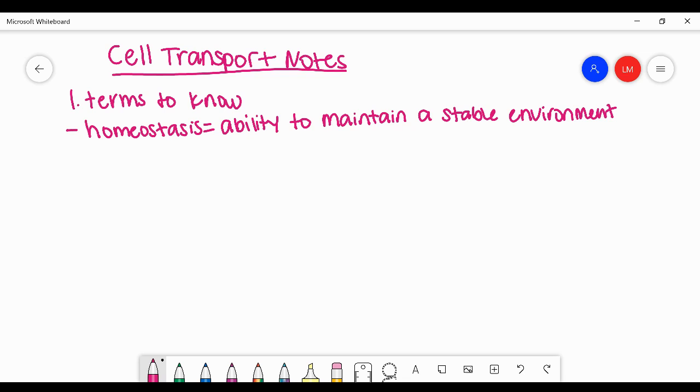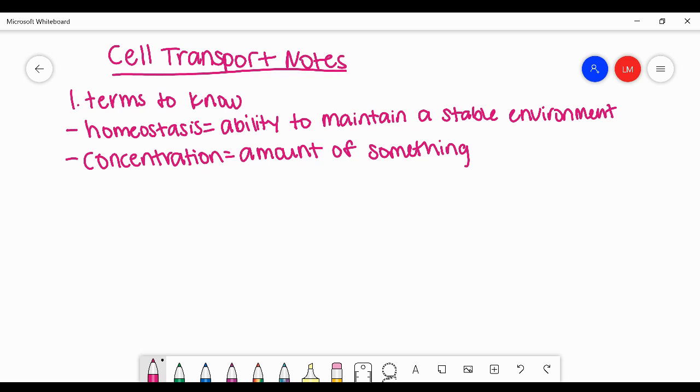Another term we will use a lot this week is concentration. Concentration in the context of biology is the amount of something. And finally, concentration gradient.